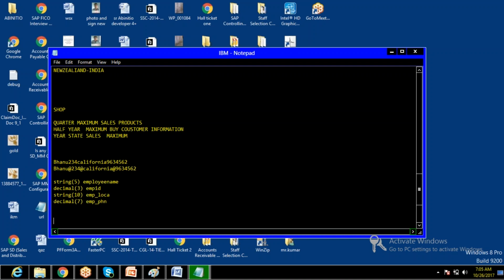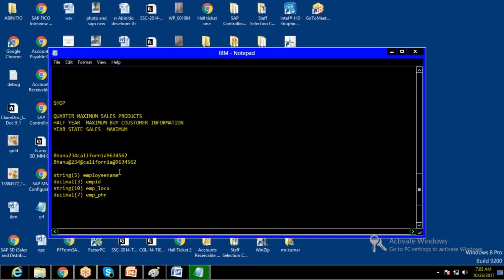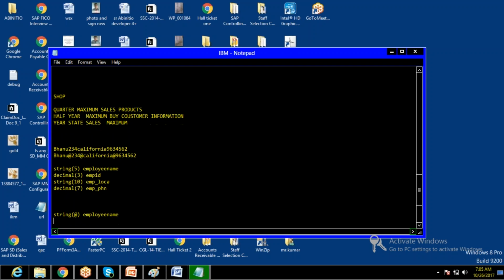The data may also come from my source system like this, as a string with a delimiter, employee name. This is called a delimited file.